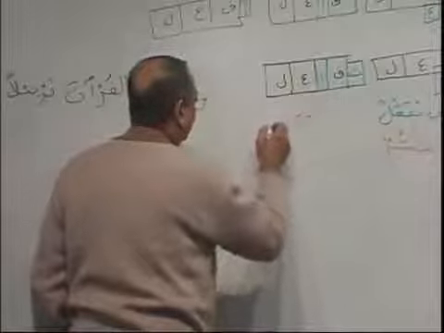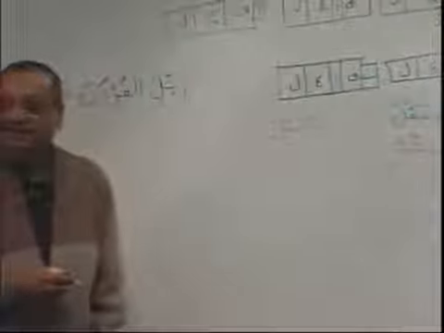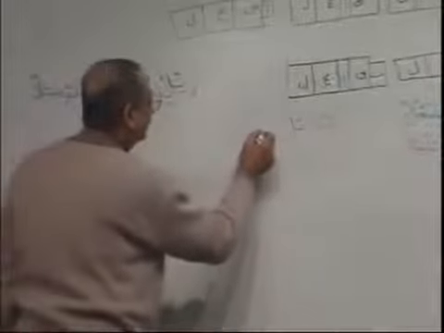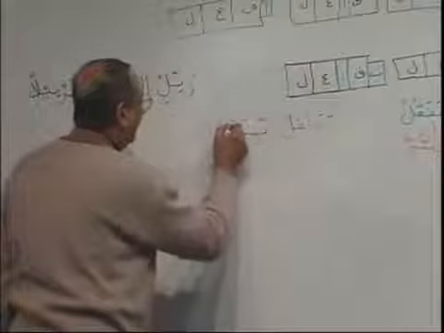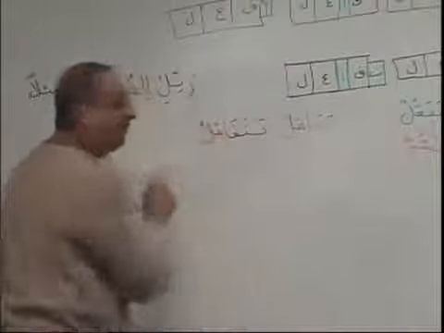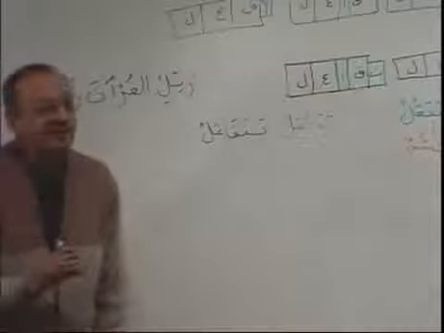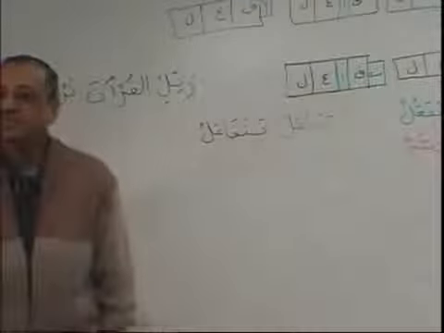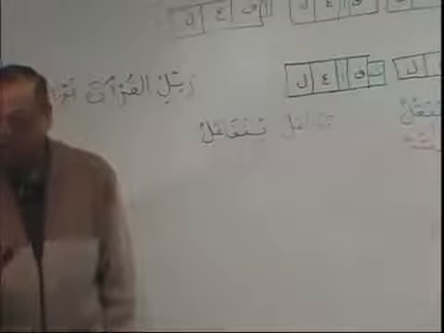Tafa'ala. Are you with me? Tafa'ala. Mudari, yatafa'alu. No kasra. Remember, in form 5 and 6, no kasras except in ism fa'il. Yes, that is the thing we will inshallah remember.